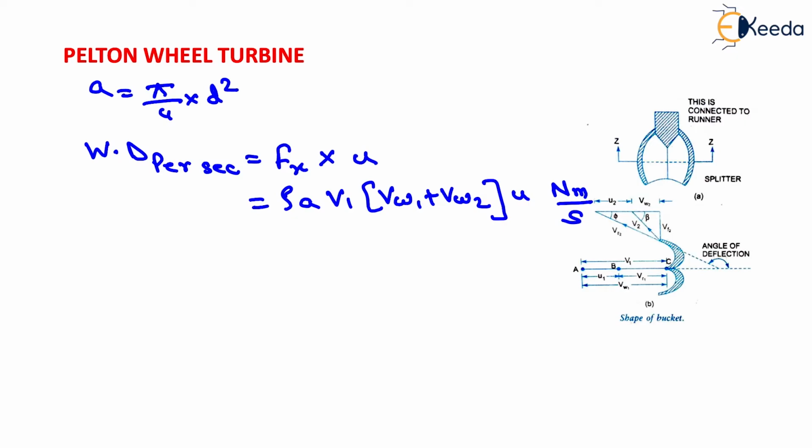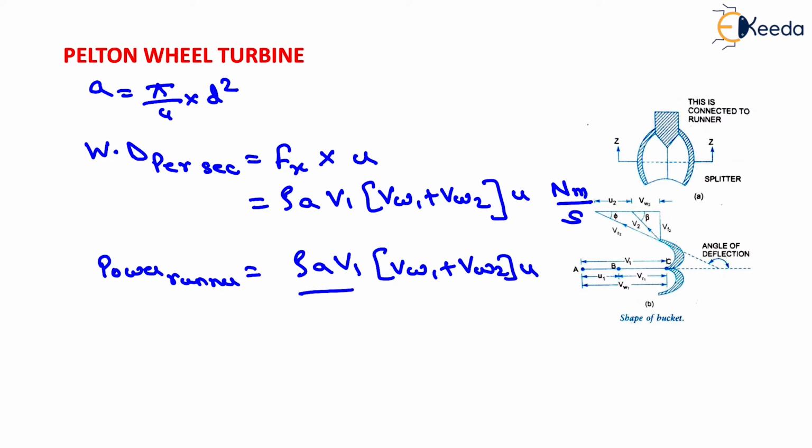Now the power given to the runner by the jet will be equal to rho a V1 (VW1 plus VW2) into U upon 1000, that will be in kilowatt.